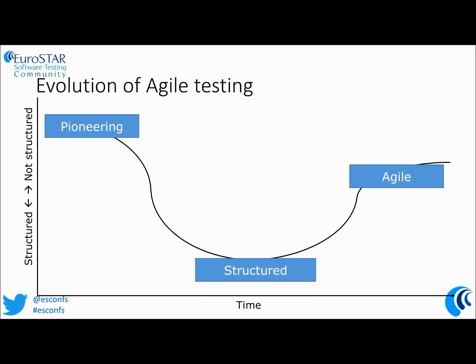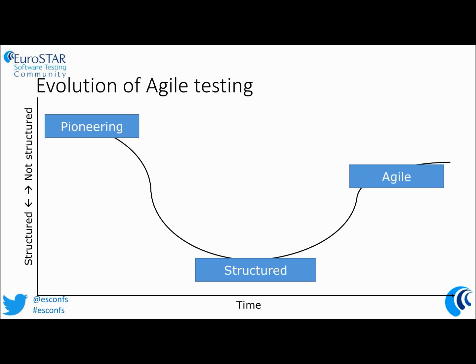But when we went Agile, when Scrum and Lean and Kanban-like processes came into play and we needed to cooperate more and be flexible, then the structure is actually limiting us. We need to have more freedom. We need to get less structured. And the reason I'm showing this curve is because I think we need to go through the structured phase to go to Agile.